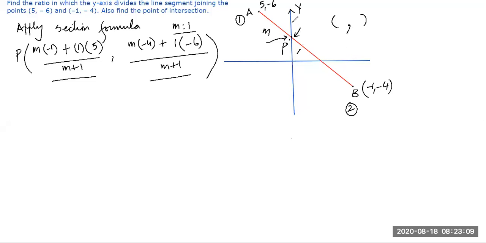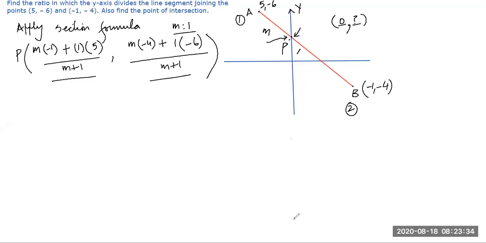I repeat, all the points have an abscissa and an ordinate. Which one is 0 for all the points on the y-axis? Abscissa. So the abscissa of this point will be 0, even if we don't know its ordinate.